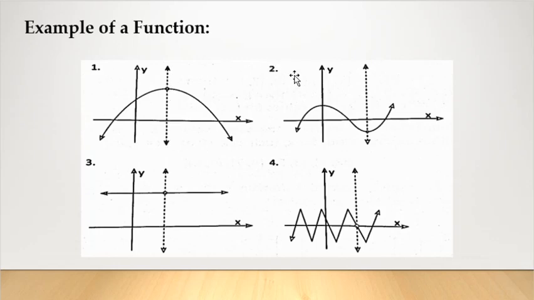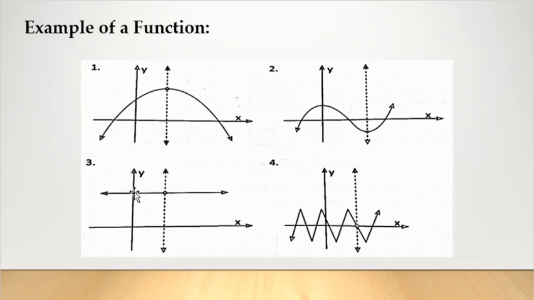Next, for the number 2, so this is the graph. And then, this is the vertical line test. So, as you can see, nag-intersect sila at one point. It means that is a function.